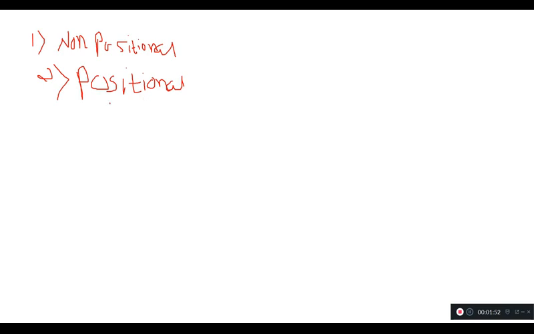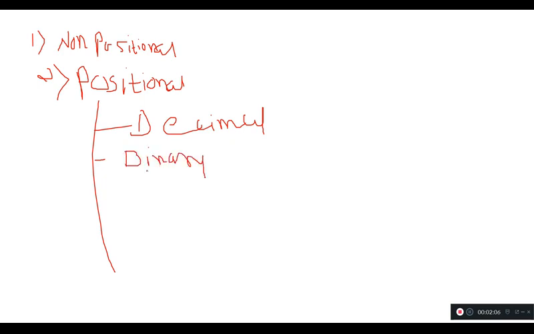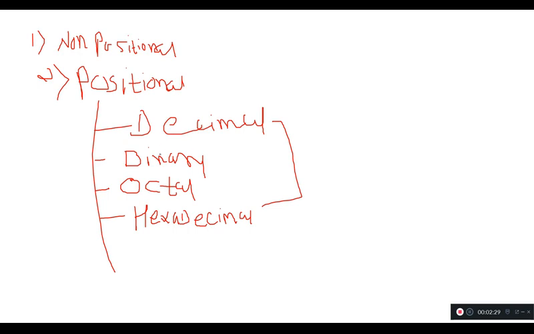In positional there are four types: first is decimal, second is binary, third is octal, fourth is hexadecimal. So there are basically four types of number system.